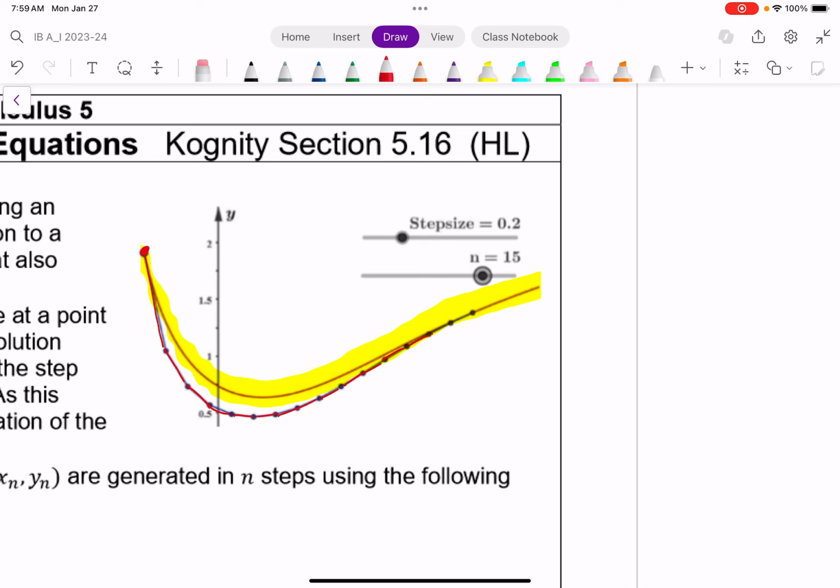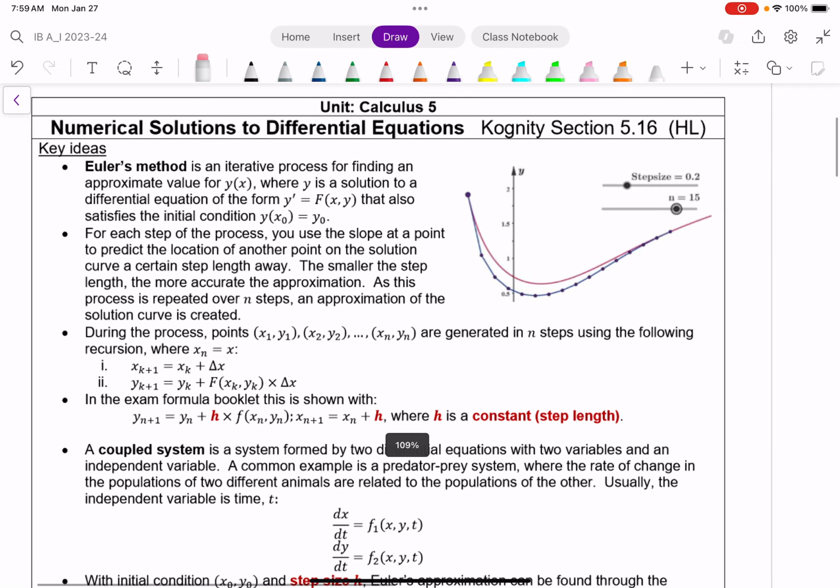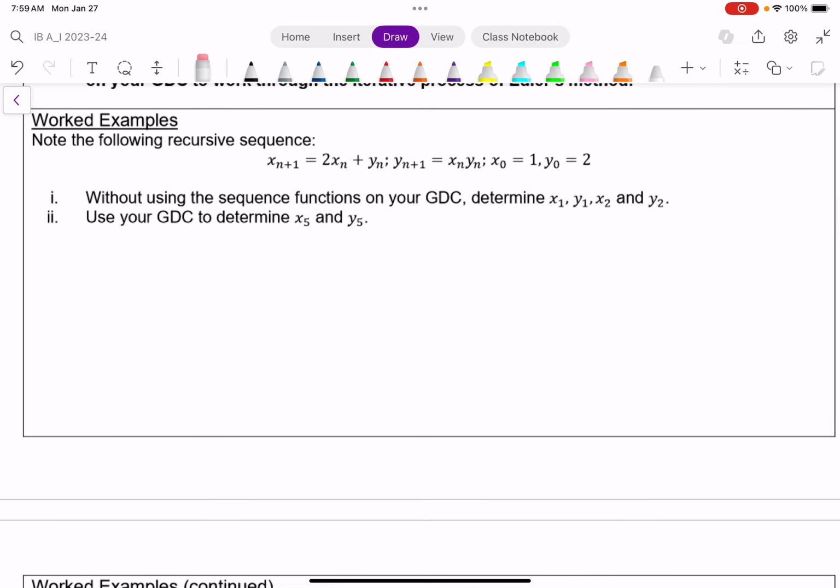Over time, especially with smaller and smaller step sizes, it tends to approximate the general solution. The more steps and the smaller the step size, the more it comes closer to the actual solution.